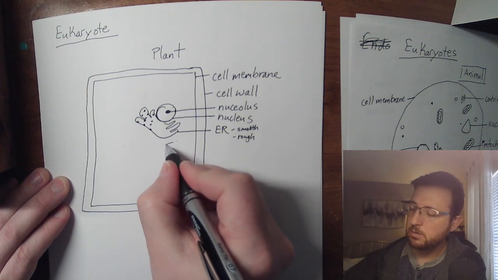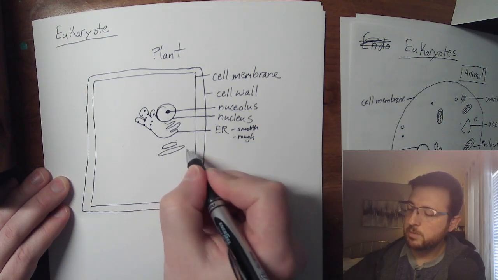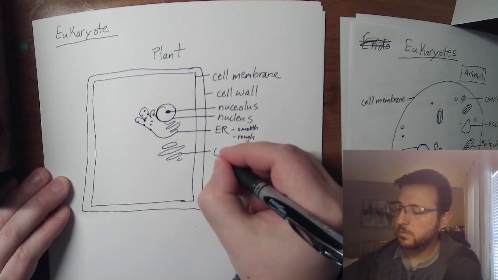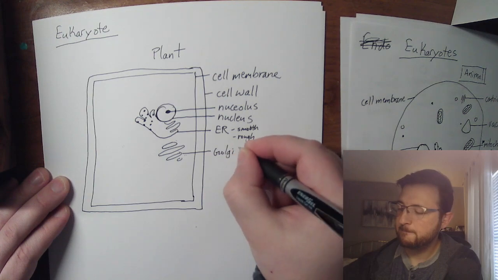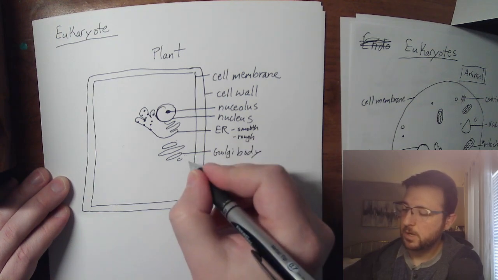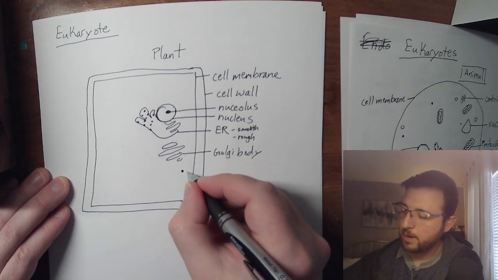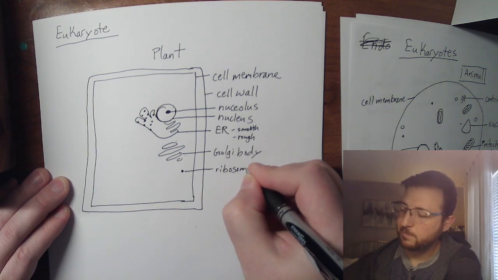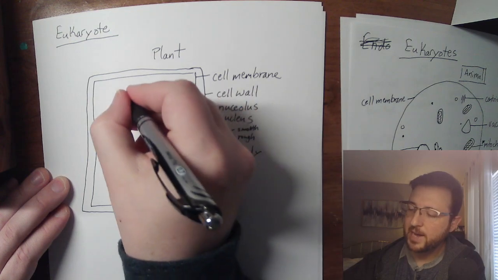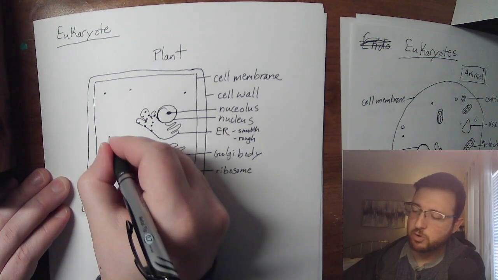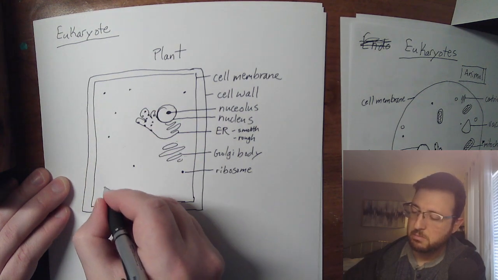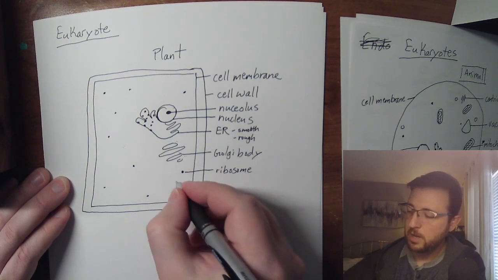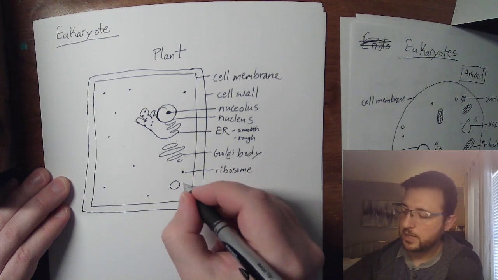And they also have Golgi bodies. And they, of course, also have ribosomes. If you need to, you can go back and pause this video and draw what I'm drawing. But I think it's pretty easy. We've got our ribosome, and they also have lysosomes.